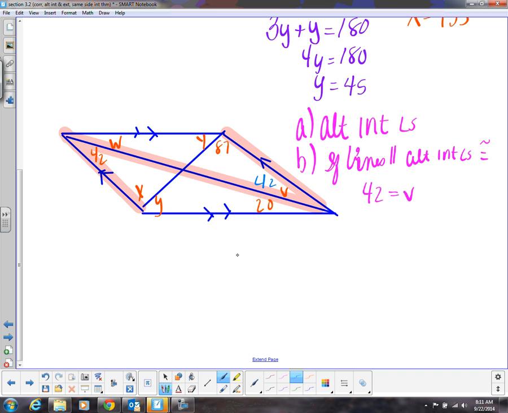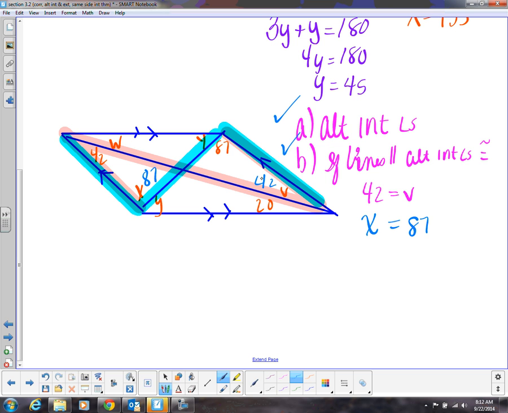All right, do you think we can form another Z? Yes. Okay, what if I trace this side to this side to this side? Is that another Z? So I have alternate interior angles again. I have the same reason, but now who's equal? X is equal to 87. So now I know this is 87. I know that V is 42.